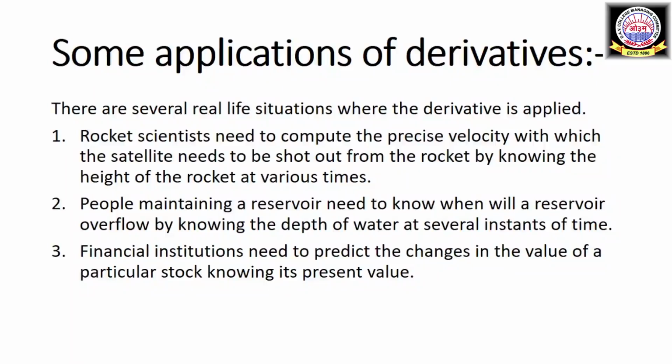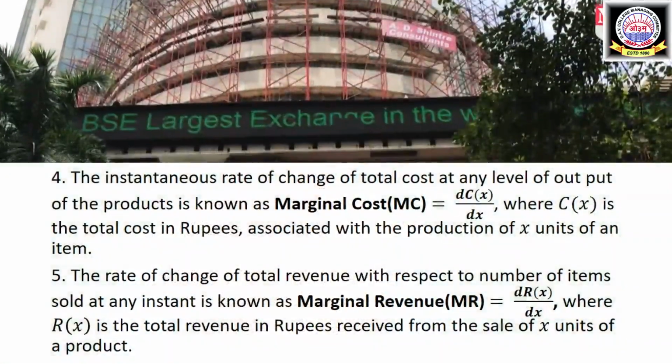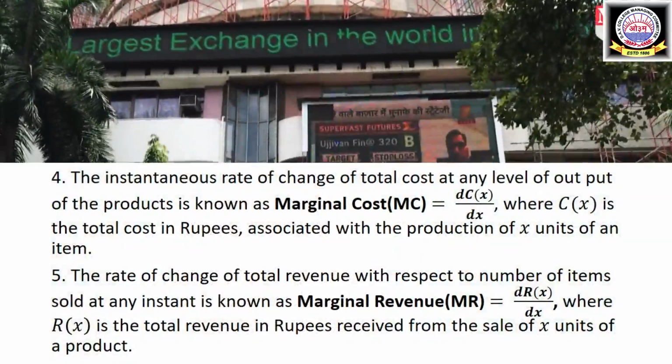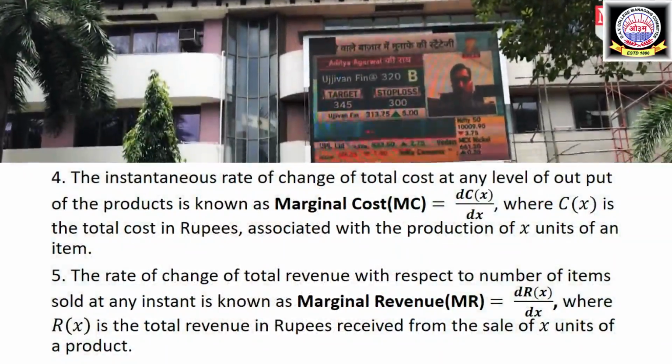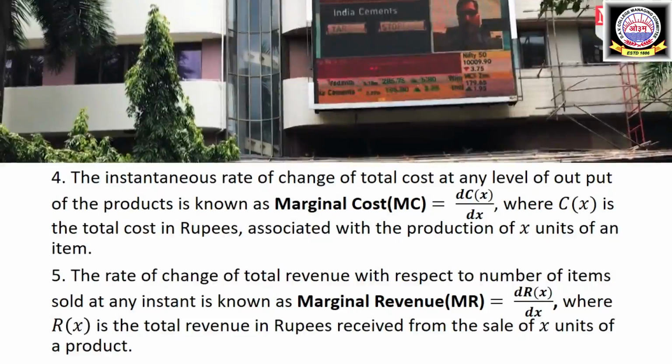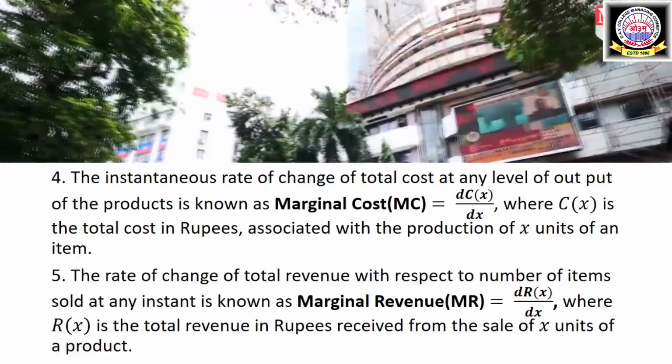In the financial sector also there are very high applications. Financial institutions need to predict the changes in the value of a particular stock knowing its present value. Then other applications are like this. The derivative can be applied in the stock exchange about the marginal cost price and marginal revenue.